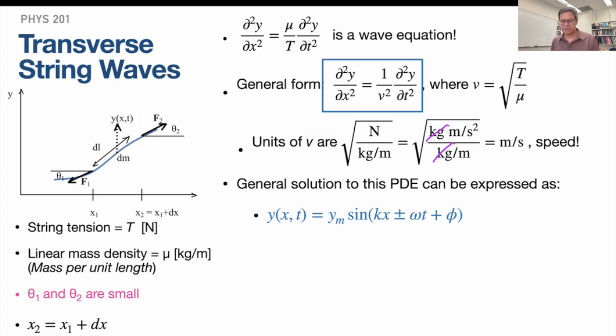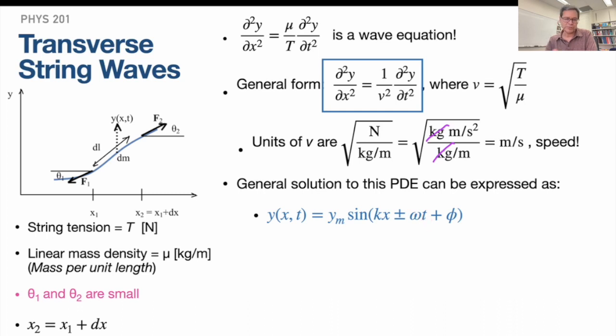Well, let me just argue what this means. Phi is the phase constant. It could be 0. It just lets you set up an arbitrary phase for my traveling wave. k is the angular wave number. And omega is the angular frequency. So it's kx plus or minus omega t.